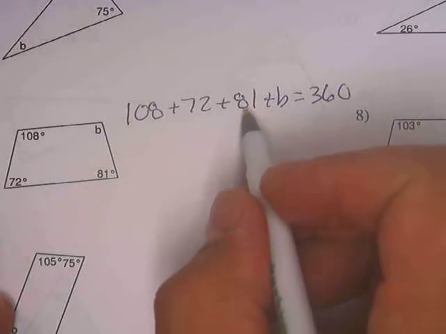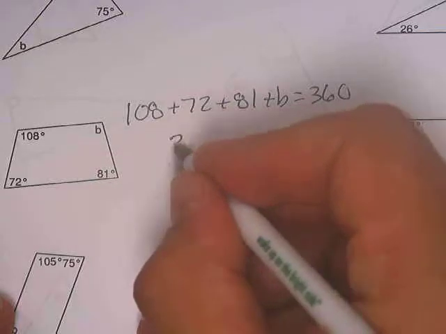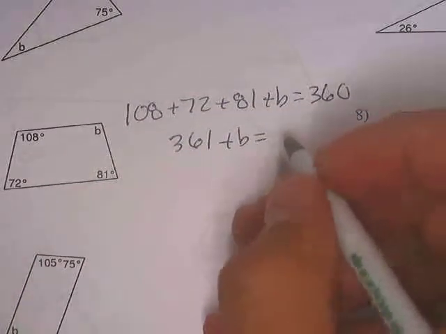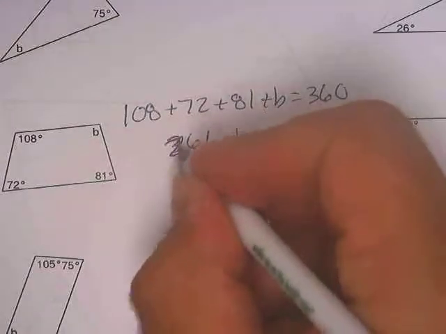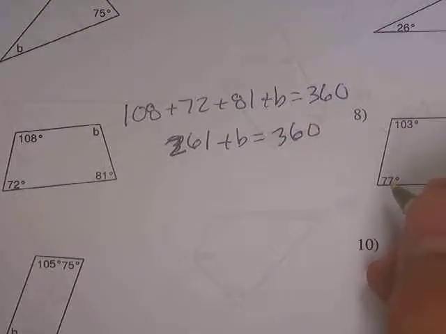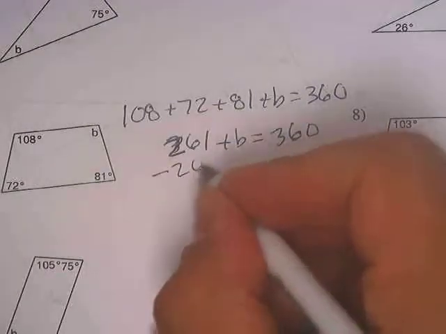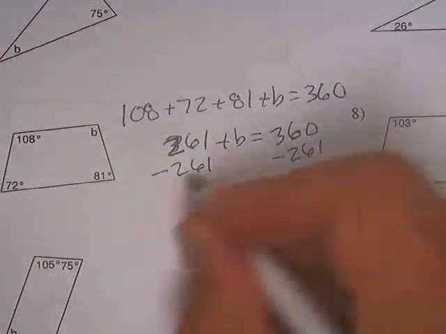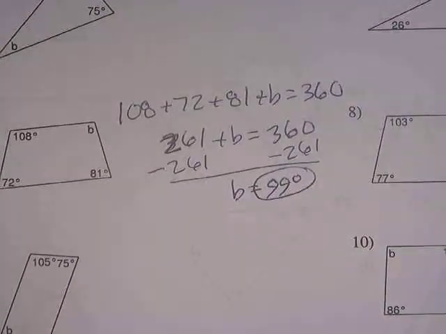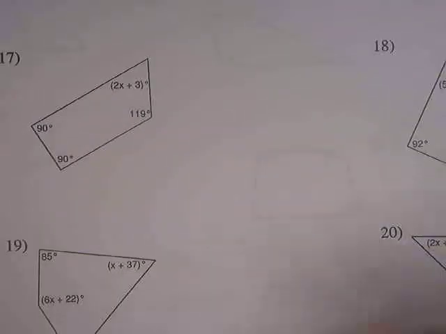Add these together. 261 plus B equals 360. Subtract 261. B equals 99 degrees. That's how you do that one.